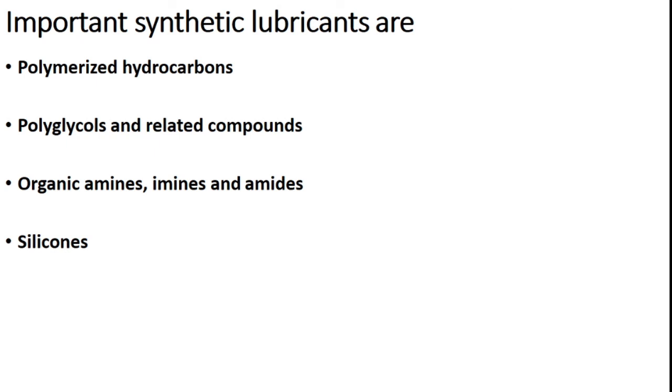Next one is silicones. They are very good synthetic lubricants because they are not oxidized below 200 degrees Celsius and possess high viscosity index. These are frequently used for low temperature lubrication purposes.